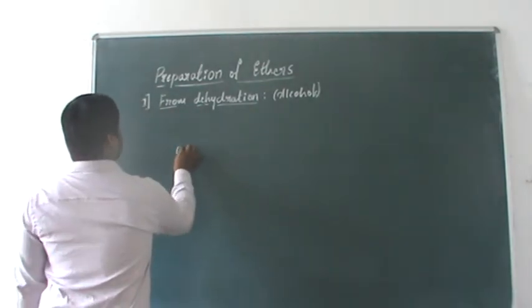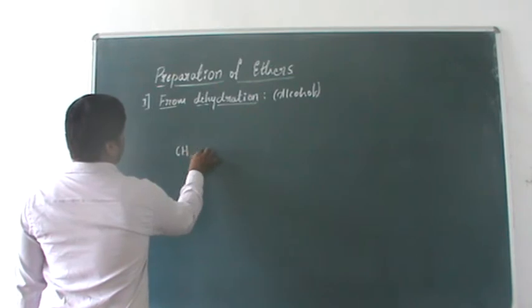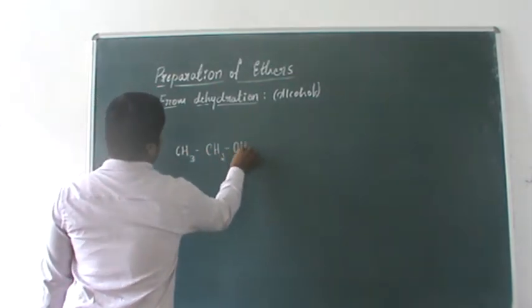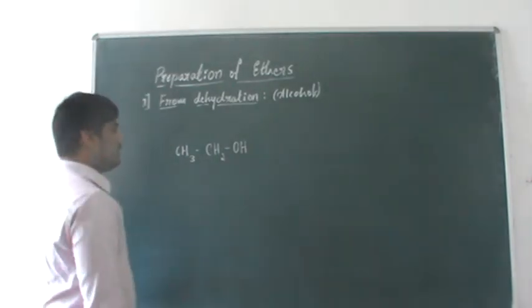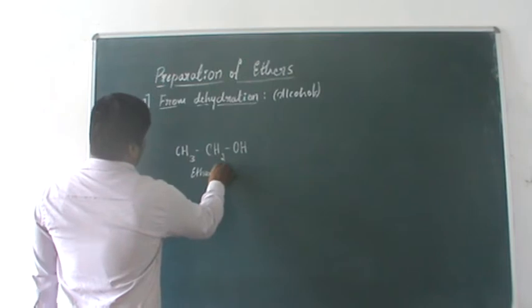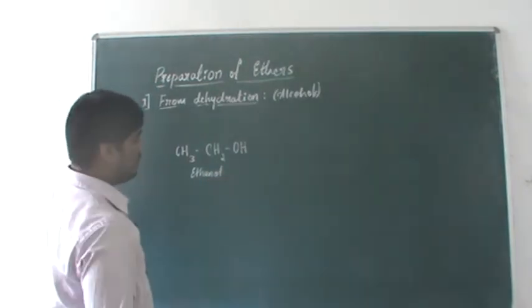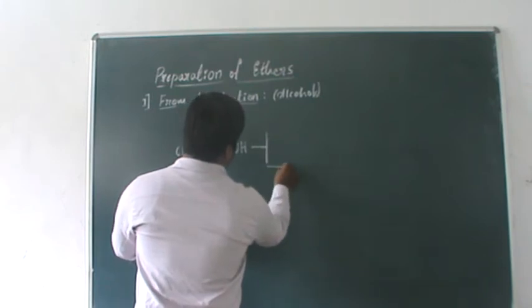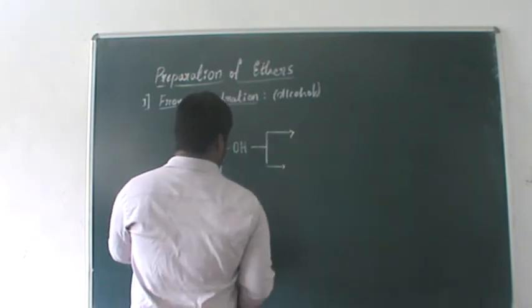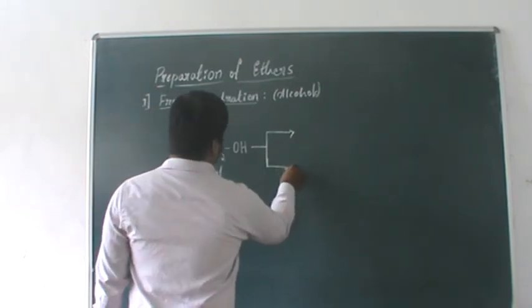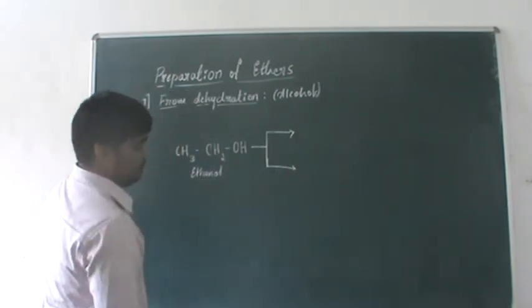CH3CH2OH, this is the ethanol. When ethanol is subjected to the dehydration process, what happens?